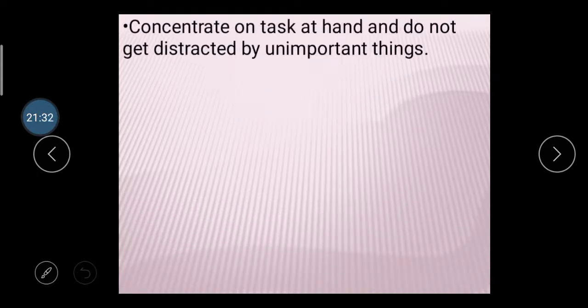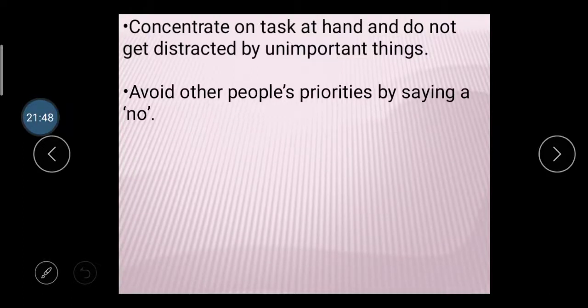Then concentrate on the task at hand. Do not get distracted by unimportant things. Sometimes some people cannot work on the important task and only work on unimportant things. You should not do this type of work.